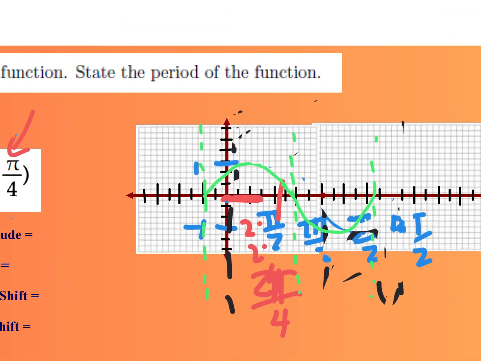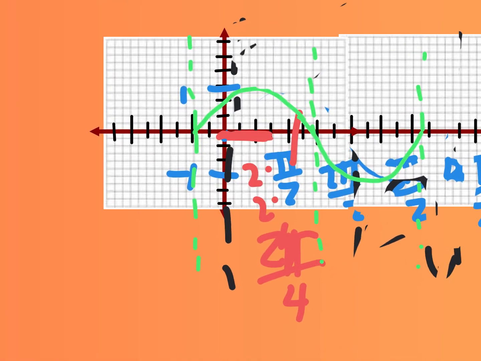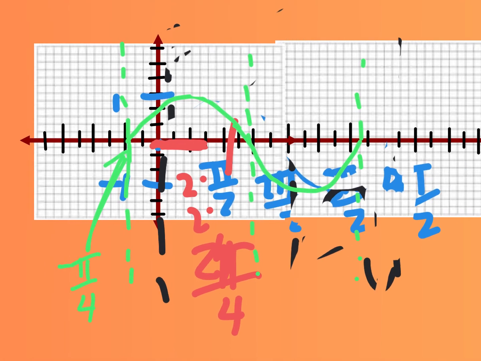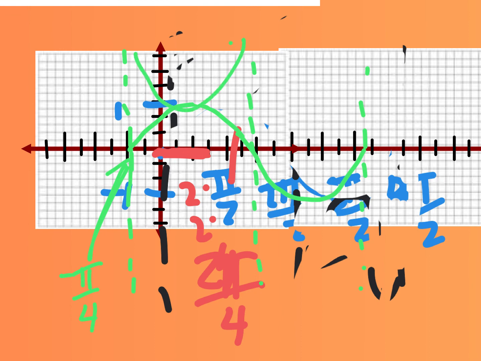Now, how far over did I move it? Pi over 4. Then I know that spot right there is negative pi over 4. And now I just got to complete my loops. And there we go. Oh, so messy. At least you have your program you use, Notability, is easier to erase with than mine is.